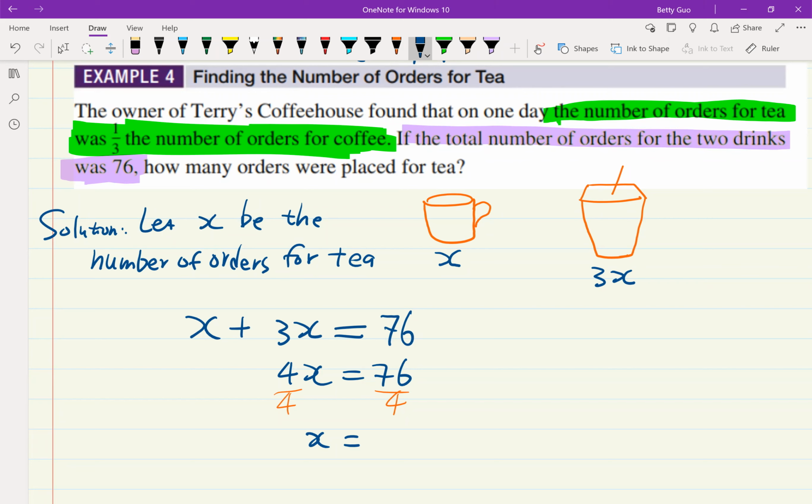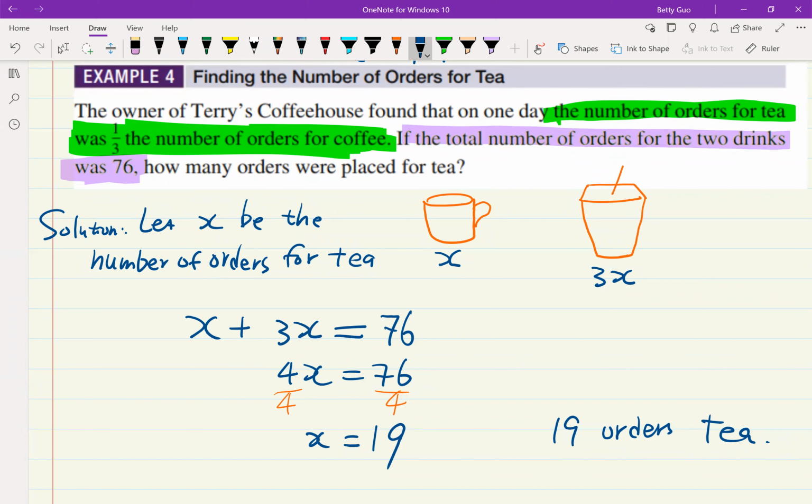Very good. Exactly, 19. So you can answer the question. On that day, they sold 19 waters for tea. You answer what they asked: the number of orders for tea, which is 19.